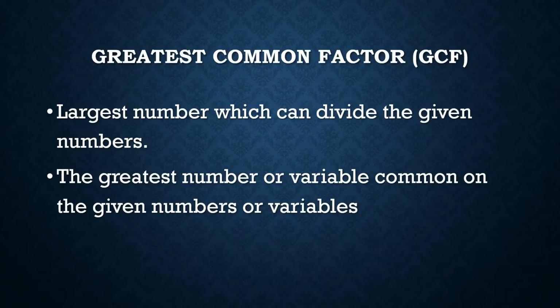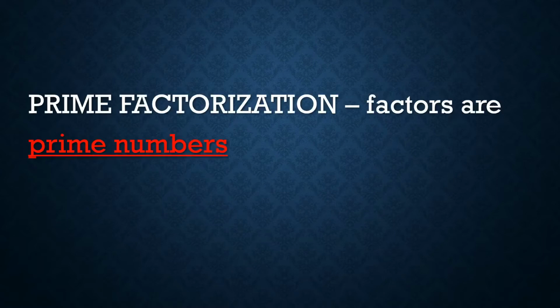But first, to find the greatest common factor of a number, we should consider this next concept, which is called the prime factorization. So, mas magiging madali sa atin ang pagkuha ng greatest common factor kung alam natin yung prime factorization. Okay. So, pag sinabing prime factorization, this refers to the finding of factors which are prime numbers.